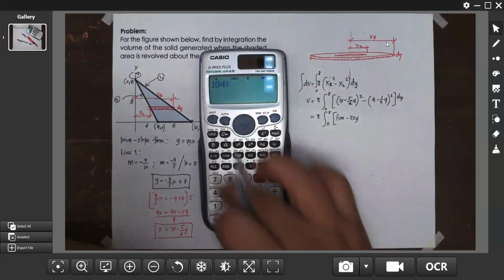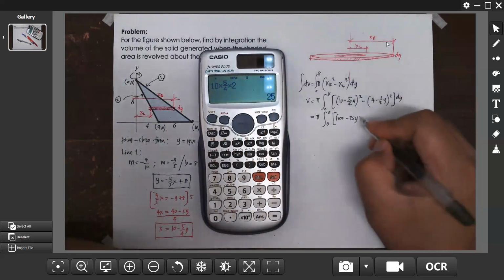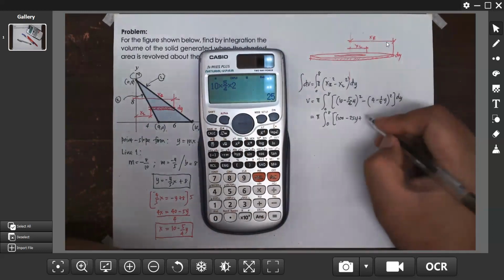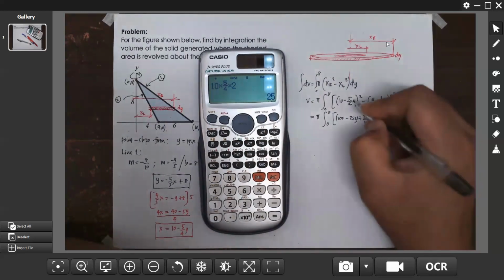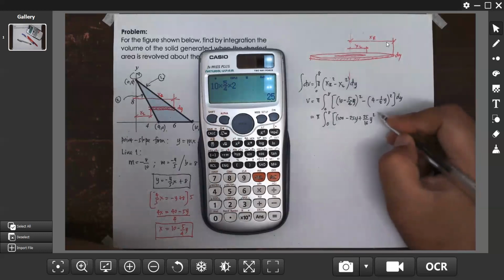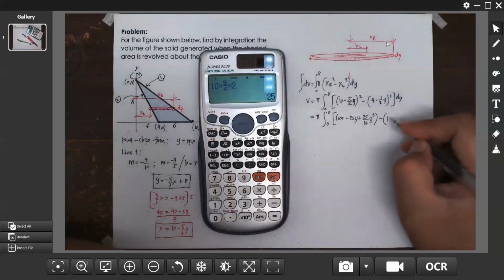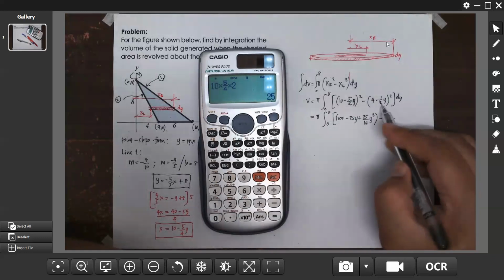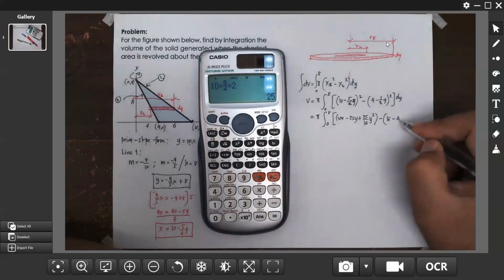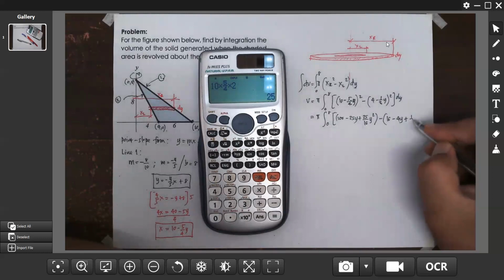Then square the second term, 25 over 16 y squared, minus 4 squared, 16, negative 4 times 1/2 times 2, you have 4, plus the square of 1/2 y is 1/4 y squared dy.